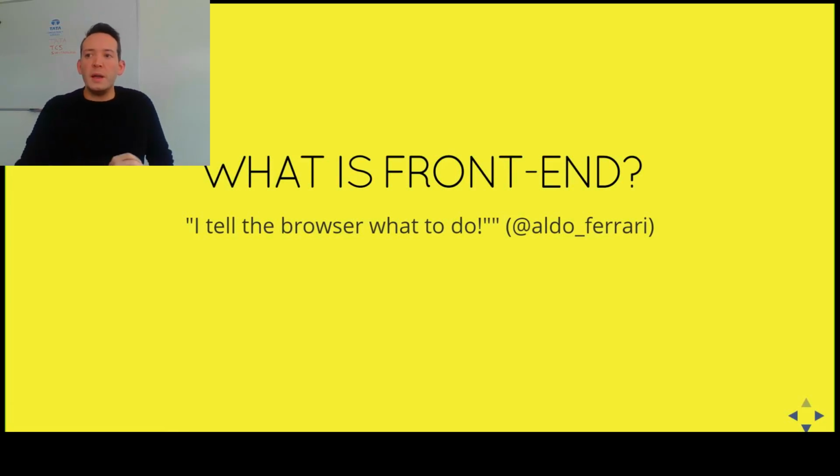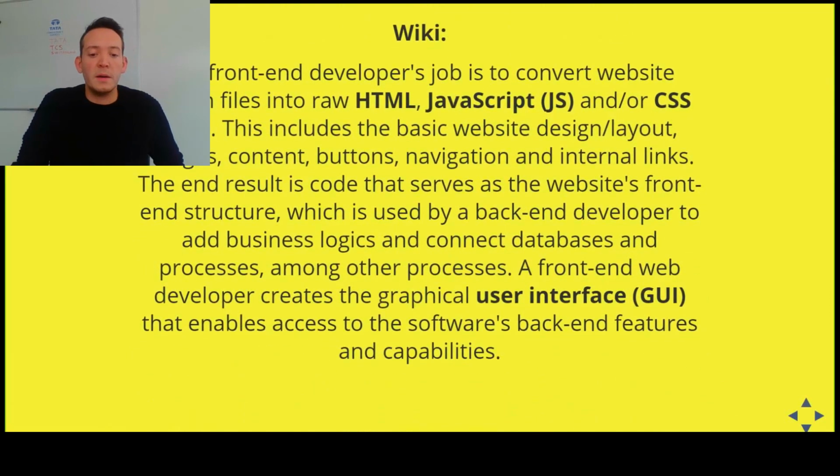So front-end, the definition that you can find in a book or a standard course, is development with technologies like HTML, JavaScript, which we abbreviate with JS, and CSS. This also includes the design layout with images, buttons, navigation, links, and so on.